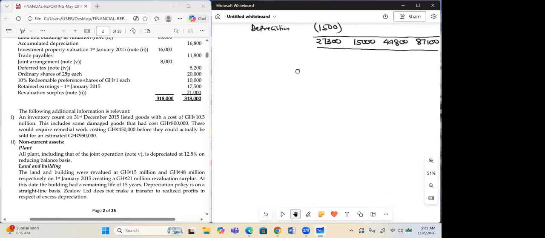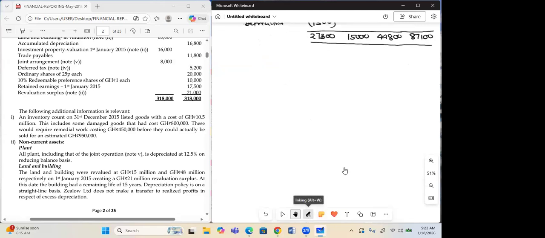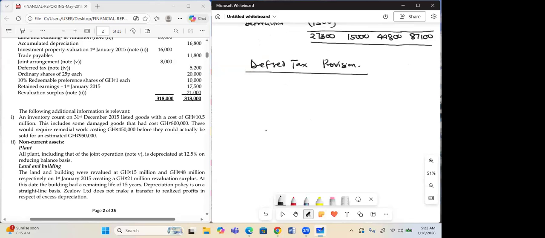Anytime you see a question on tax, the moment you read the footnote on tax, you open two accounts. The two accounts are these: a deferred tax provision account, and then an income tax expense account.